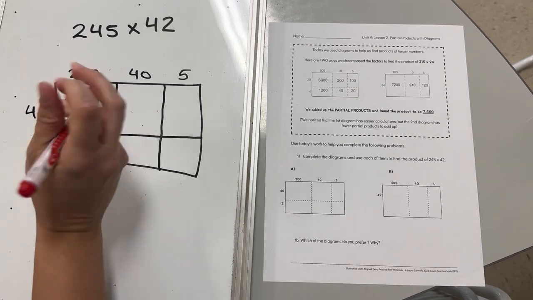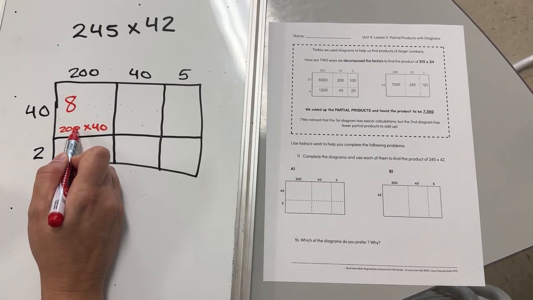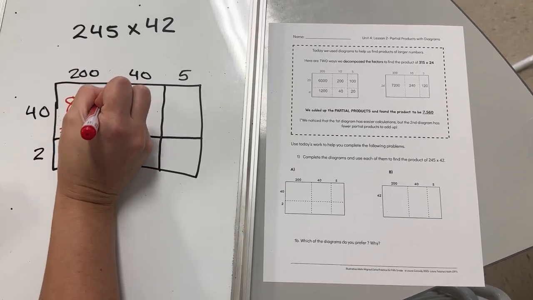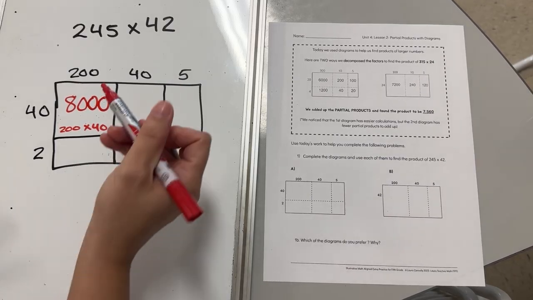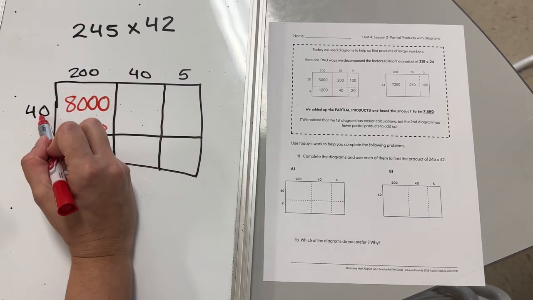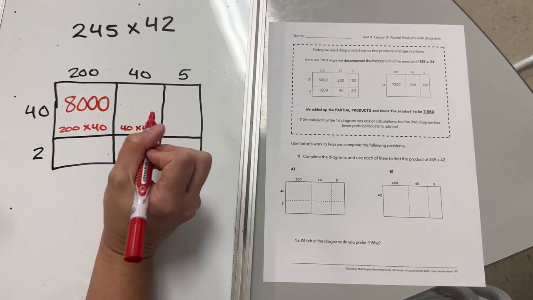I know that 2 times 4 is 8. So I'm going to put 8. And then I'm going to count how many zeros total there are. 1, 2, 3 total zeros. I'll add those 3 zeros onto my 8. So 200 times 40 is 8,000. In my next box, when I look up, I see 40. When I look left, I see 40, which means this box represents 40 times 40.